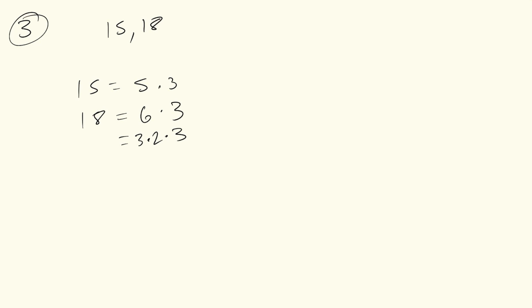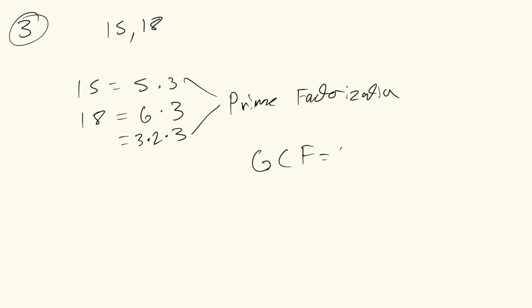So now this and that is your prime factorization. And then we'll find the common factors, and the common factor of 5 and 3 and 3, 2, 3 is 3. So the GCF is equal to 3.